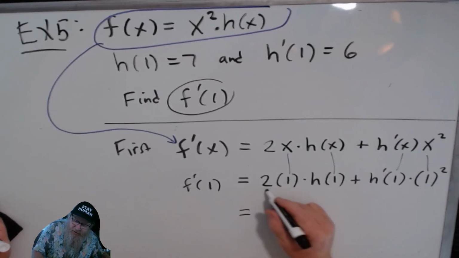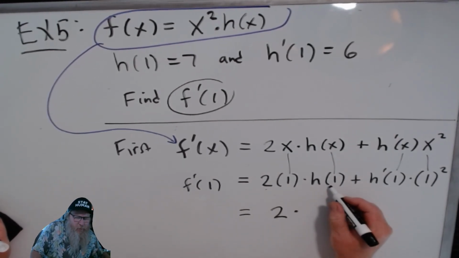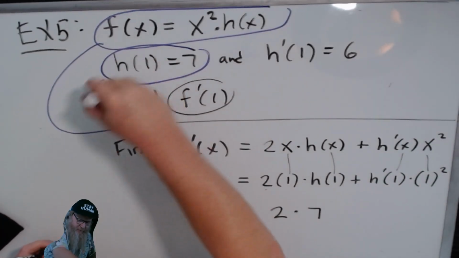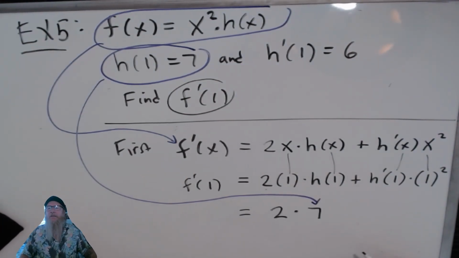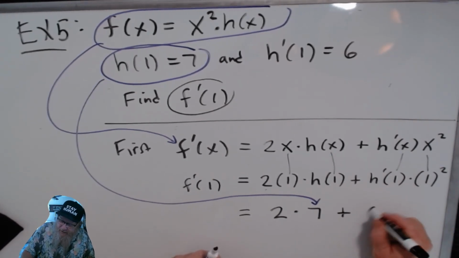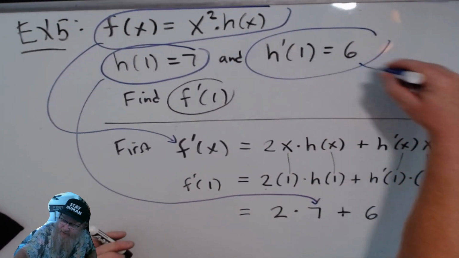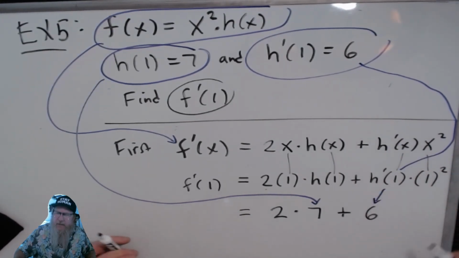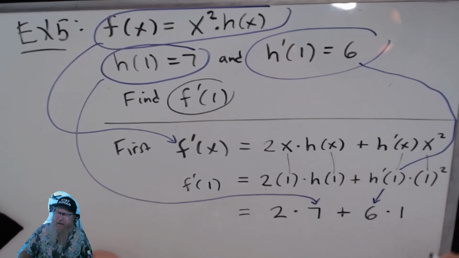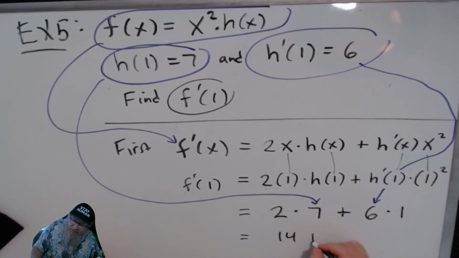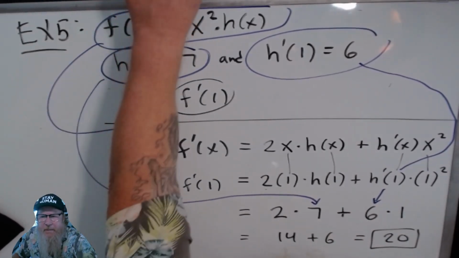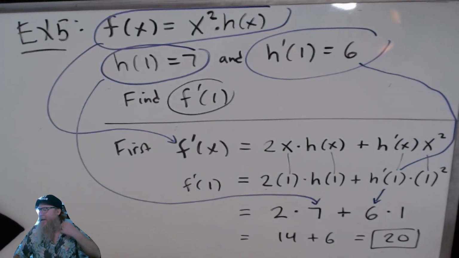So that's going to be 2 times 1 is 2. h of 1 is 7. Plus h prime of 1 is 6. And then 1 squared is just 1 again. So that's 14 plus 6. So the derivative is 20.